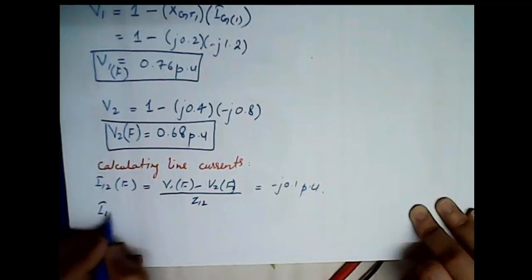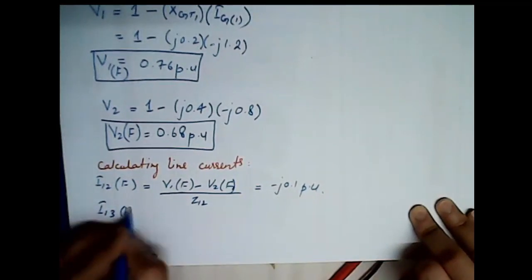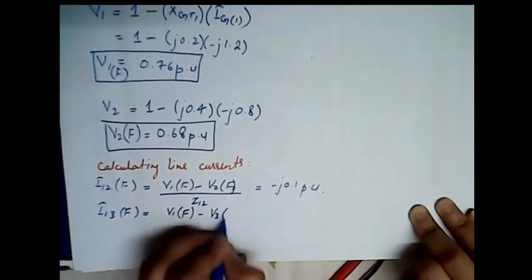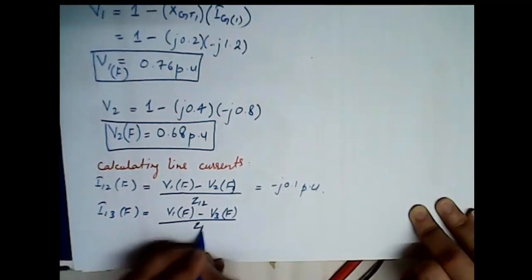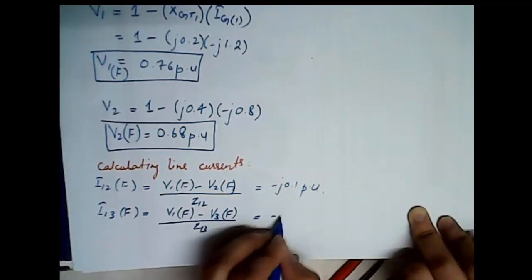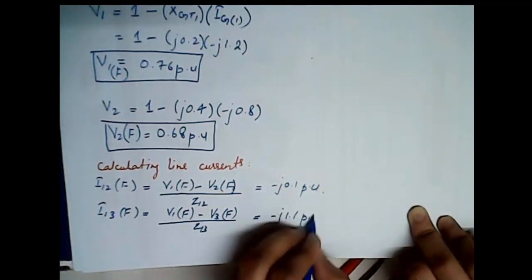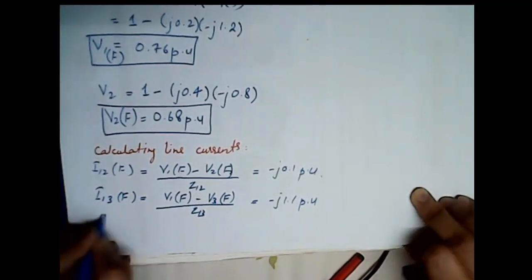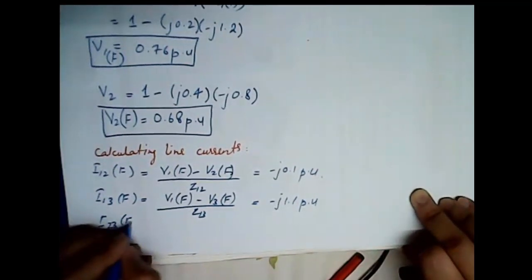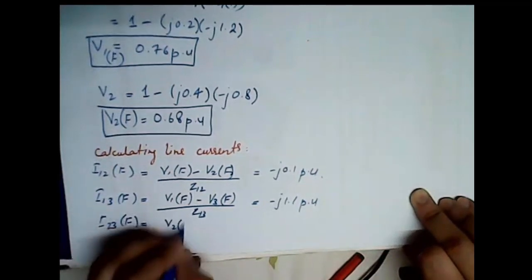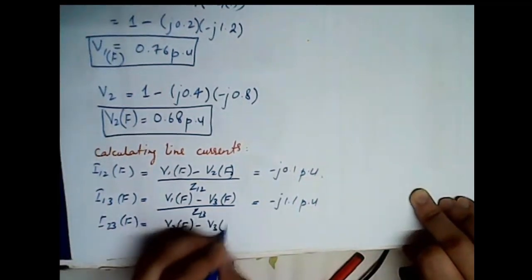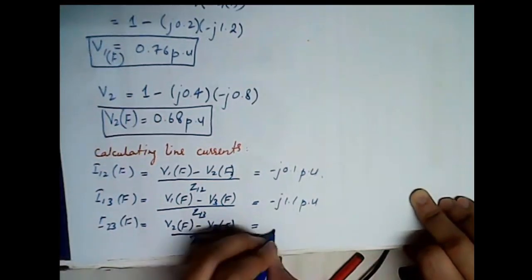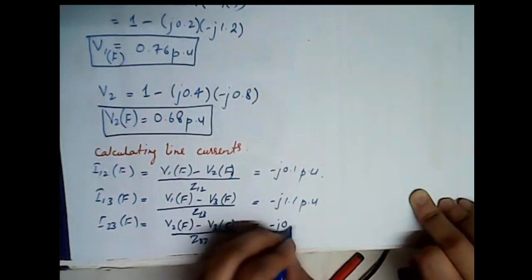Similarly, I13 will be equal to V1 minus V3 divided by Z13. This will be minus j1.1 per unit, and I23 in case of fault will be equal to V2 minus V3 divided by Z23, which equals minus j per unit.